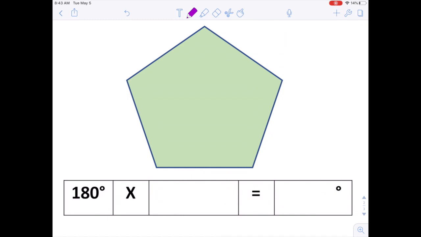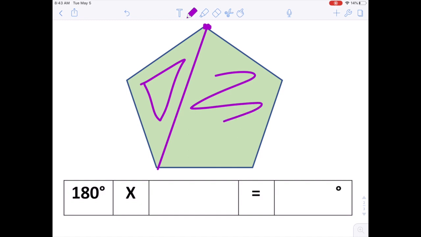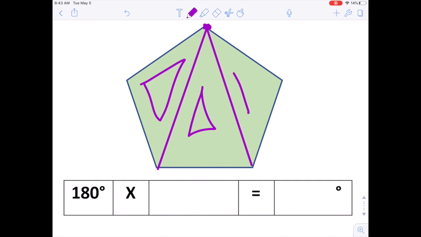For our next shape, this is a pentagon. There are 5 sides. So again, I'm going to make my point of reference, and then I'm going to go down to another corner. I see that I made a triangle over here, but this shape on this side is not a triangle. So I have to try to split it again to another corner, and I see I made a triangle here and here.